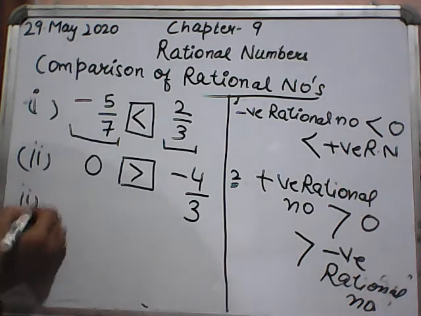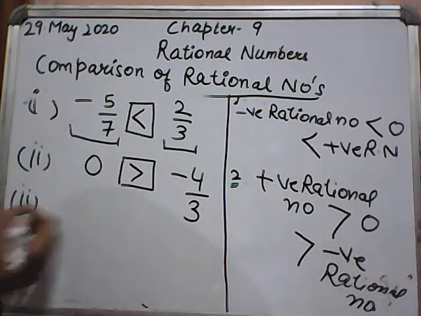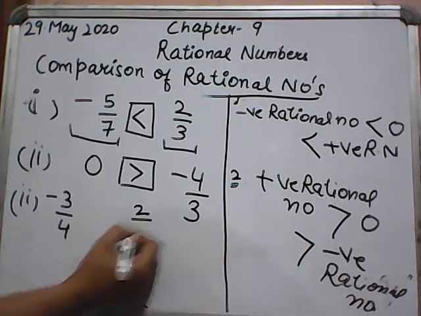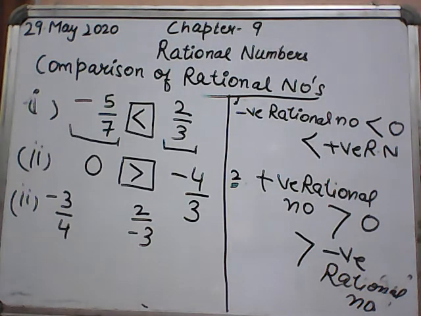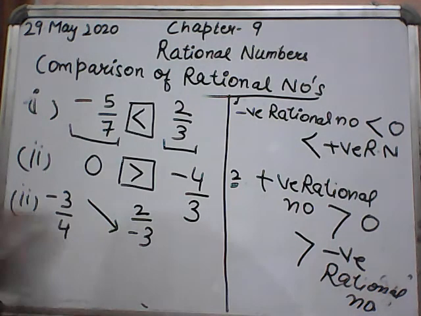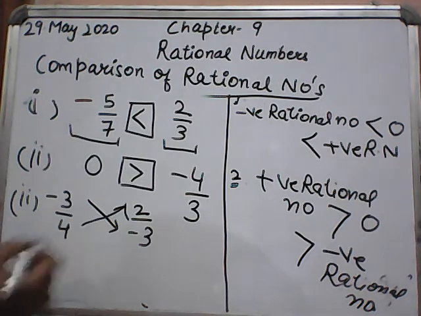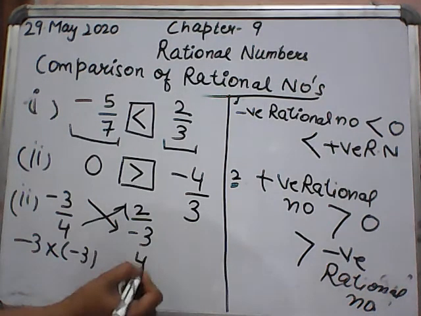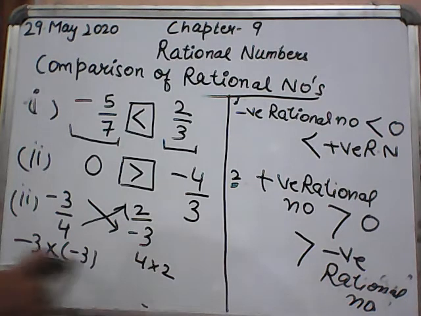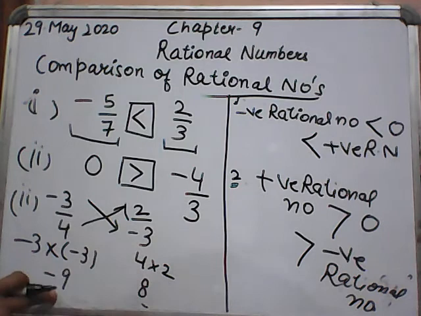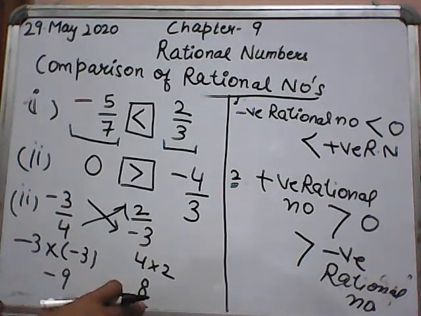If we want to compare two negative rational numbers, minus 3 by 4 and 2 by minus 3, how can we compare these two? By using the cross multiplying method. Minus 3 is multiplied by minus 3, and 4 is multiplied by 2. Minus 3 times minus 3 is 9, and 4 times 2 is 8.